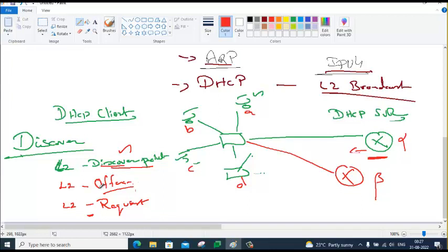The reason is, when the DHCP is in the same LAN, the same as I have drawn here in the picture, it is going to be all broadcast. All four will be broadcast. If DHCP is behind some router somewhere, then we will be using something called a relay agent.